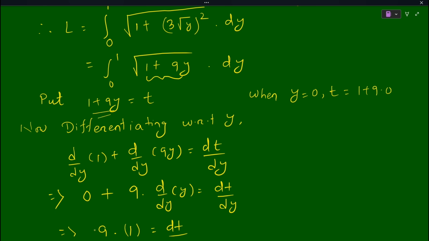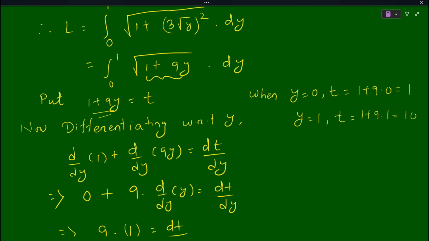And for the upper limit y equal to 1, we apply this value here and we will get 10. Okay, now we have found both the limits for t.